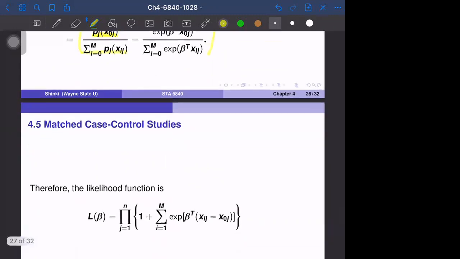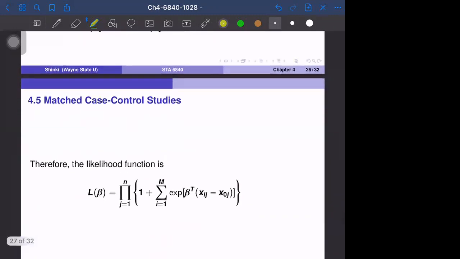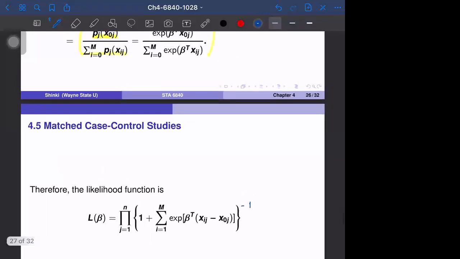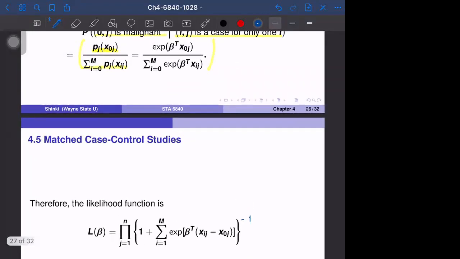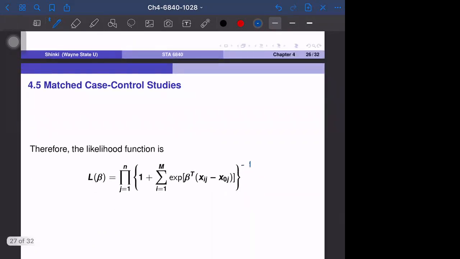And we have a small typo. With some simplification, we divide the numerator and the denominator by this exponential of beta transpose x_0j. Then we have this likelihood function.